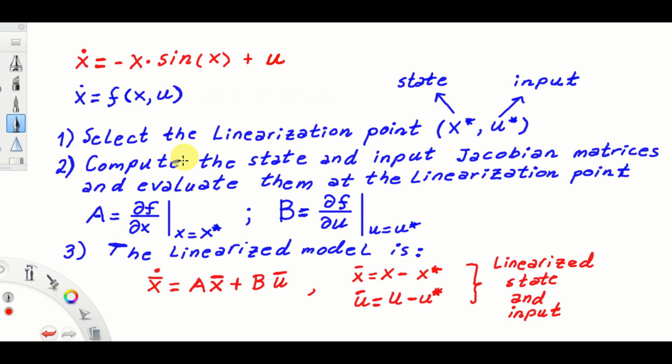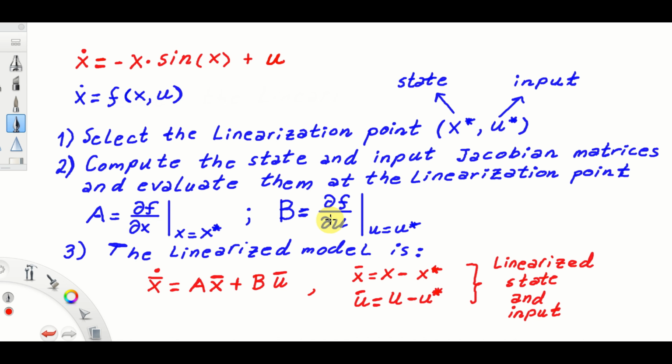Then, the next step is to compute the state and input Jacobian matrices and evaluate them at the linearization point. These Jacobian matrices are actually the matrices of partial derivatives of f with respect to the entries of the state vector and f with respect to the entries of the input vector.